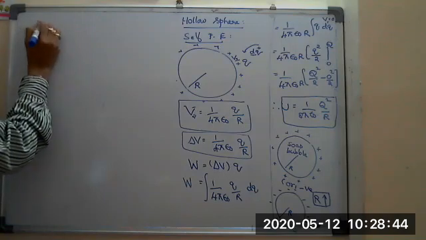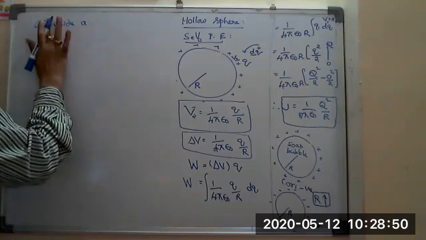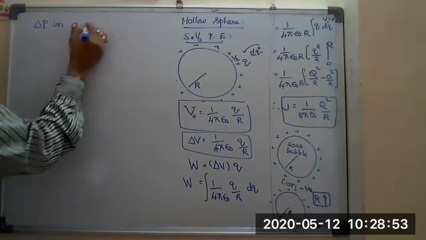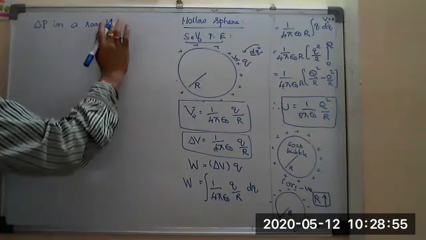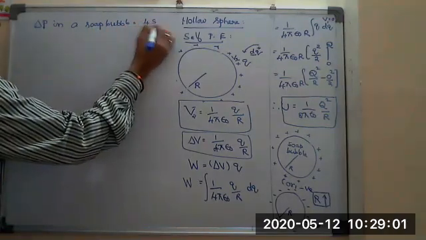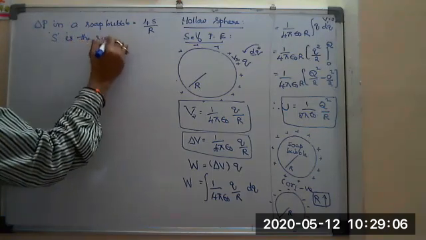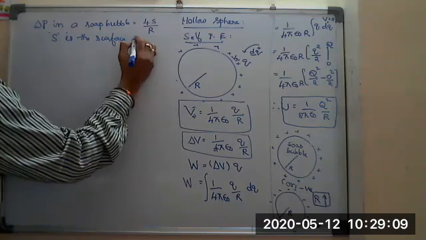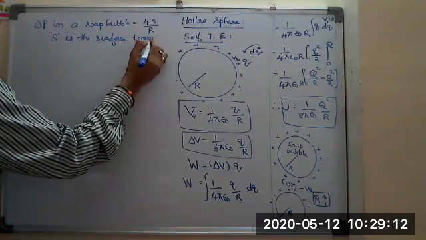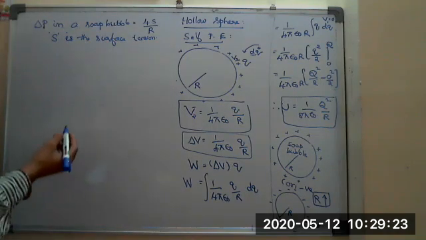That is delta P in a soap bubble, which all of you know from your first year, equals 4T by R, nothing but 4S by R, where S is the surface tension, from the mechanical properties of fluids chapter. Now, due to the charge present over the surface, what additional pressure do you get? That is the question.